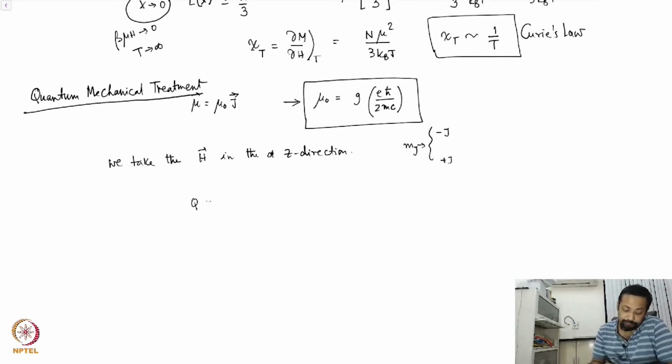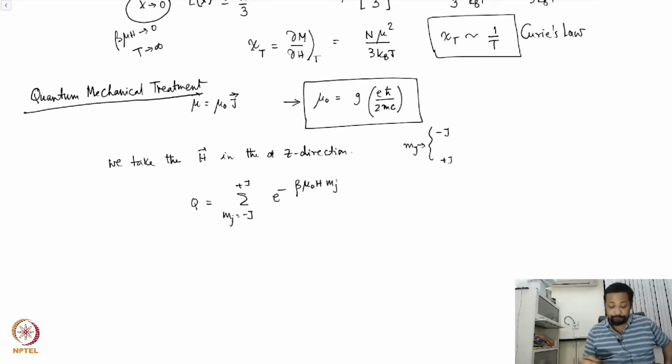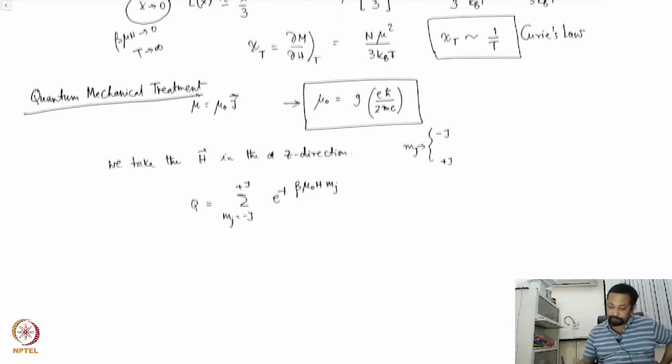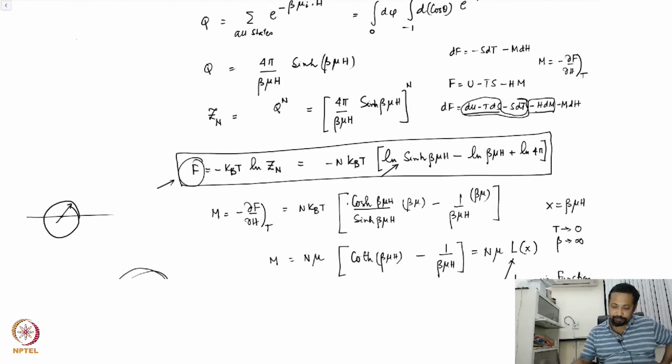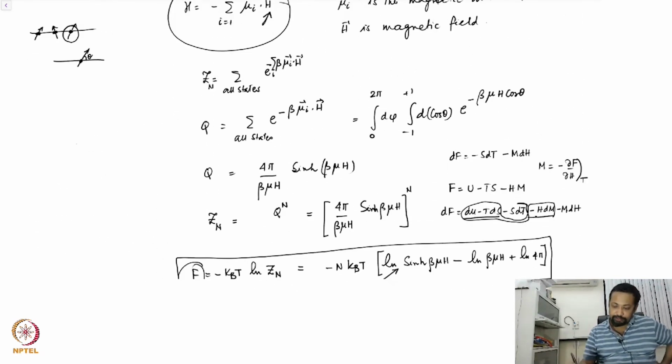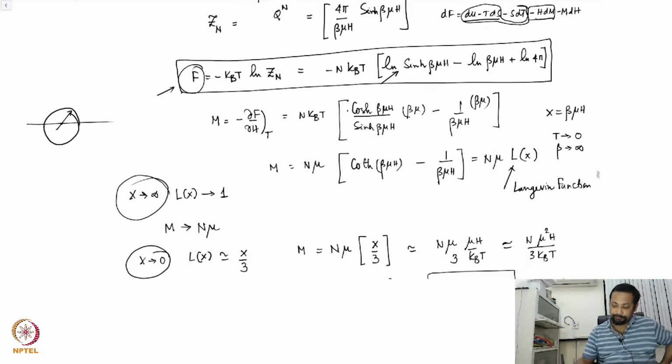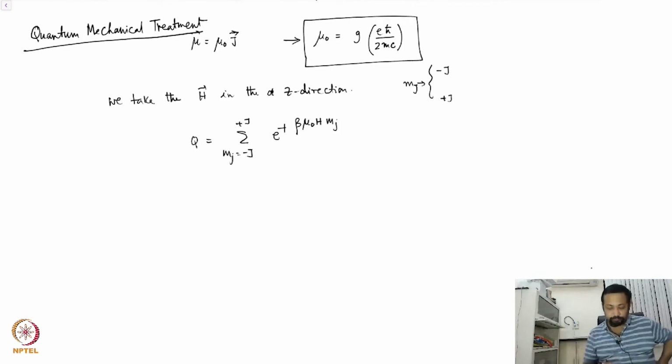So the single particle partition function is now sum over mj from minus j to plus j of e to the power minus beta mu naught h mj, right? Sorry, it is a plus, and this also has to be plus in the classical limit.